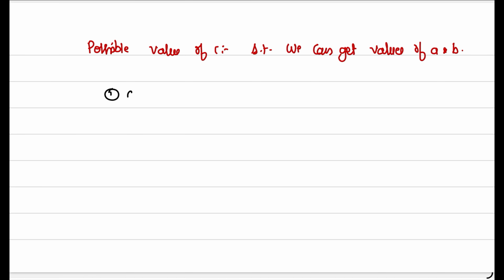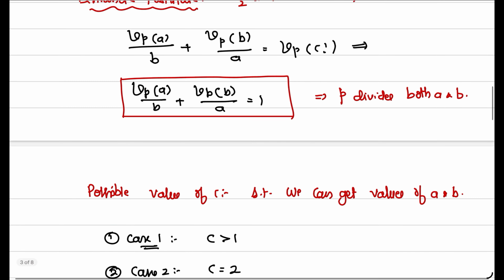Case 1, C is greater than 1, hence it is not accepted. Second case, because all are positive integers, let us say C is equal to 2. If C is equal to 2, what happens?